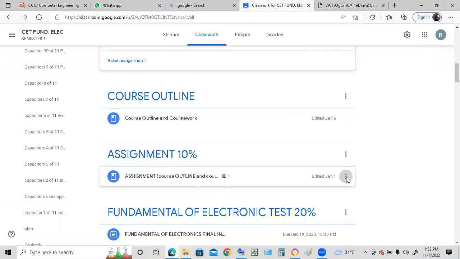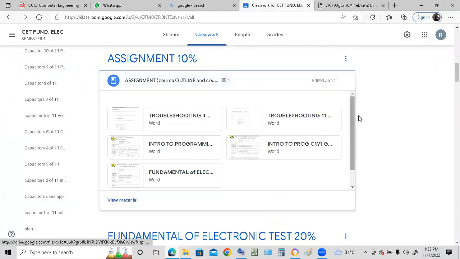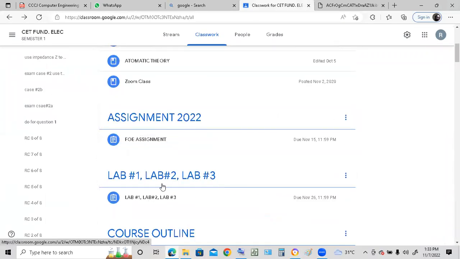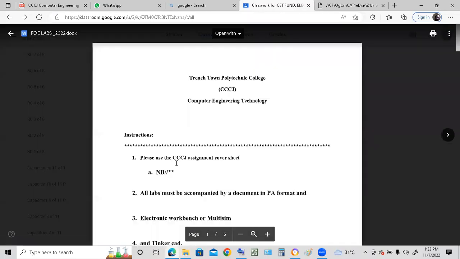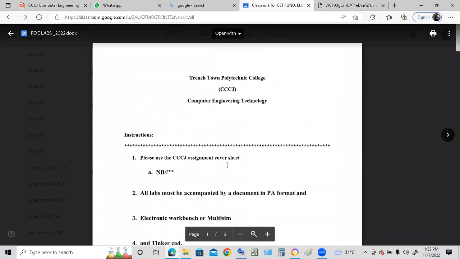This is something different down here, which you're not going to concentrate on. Concentrate on the one up here. All right. This lab now right here. FOE lab. So this is lab 1.